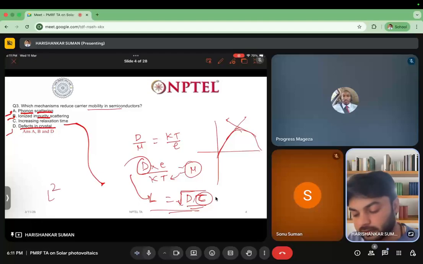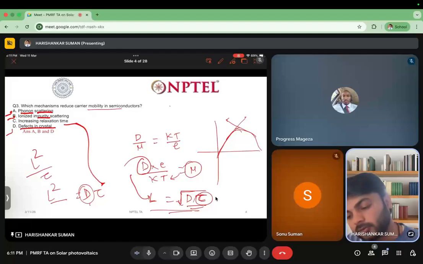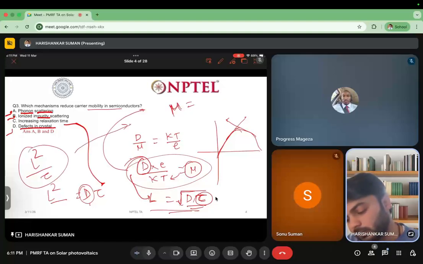Please convert this: L square equals D tau, and calculate here L square by tau, replaced by D. So mobility from this equation and this equation, D equals L square by tau, times e by kT. So when we increase the relaxation time, the mobility will reduce.